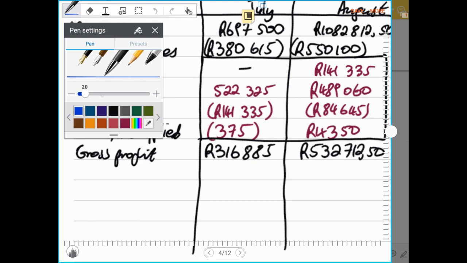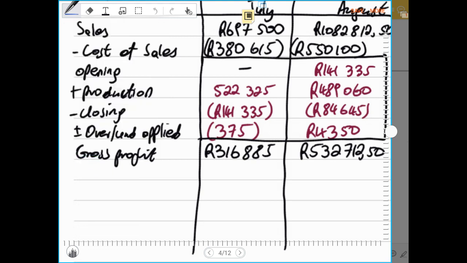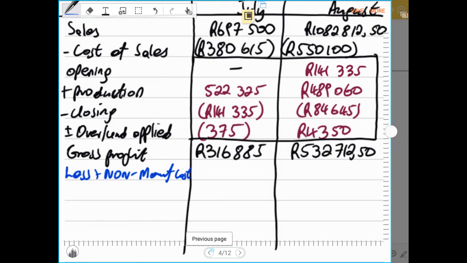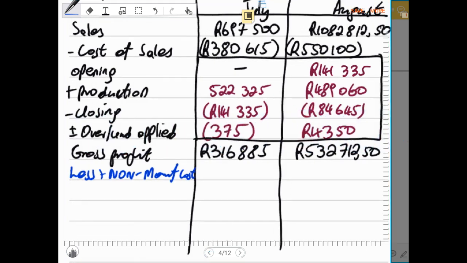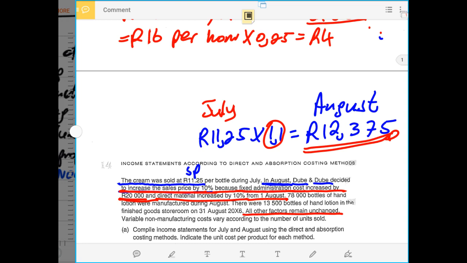And the last part is to less non-manufacturing cost. All the non-manufacturing costs are added here. And the non-manufacturing cost that we have, it was marketing and administration, if I still remember.